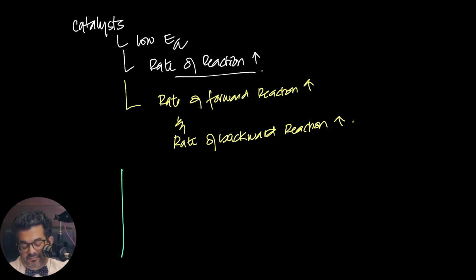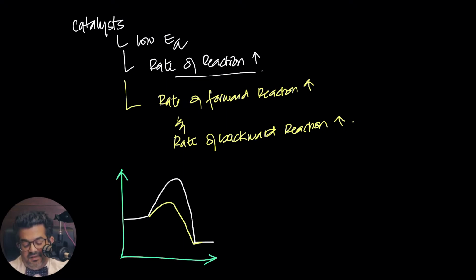What that means is that this is what a catalyst does. It just lowers the activation energy for both the forward reaction and the backward. Remember, if this is forward, the left hand side becoming the right hand side in an energy profile diagram, then the backward is this way. This is forward, this is backward.